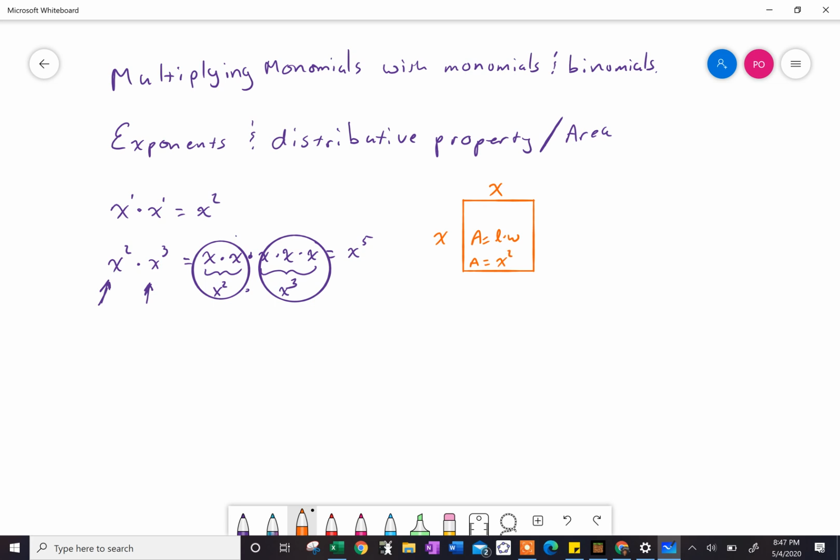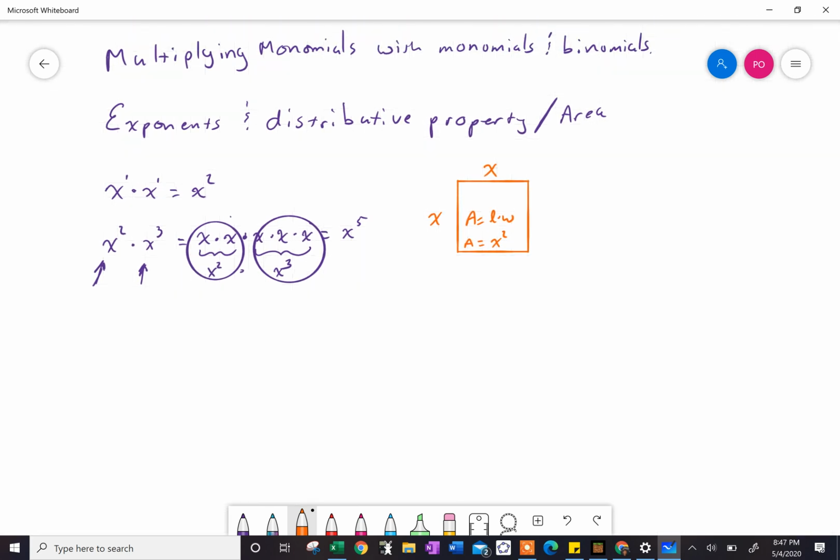Well, let's say I had a square, which is not a square, it's actually a rectangle. Let's say I have a rectangle, and let's say this side was x, and this side was x plus 4. Well, before I showed you that you can actually section these off, and you can say, what's x times x? It's x squared. What's x times 4?